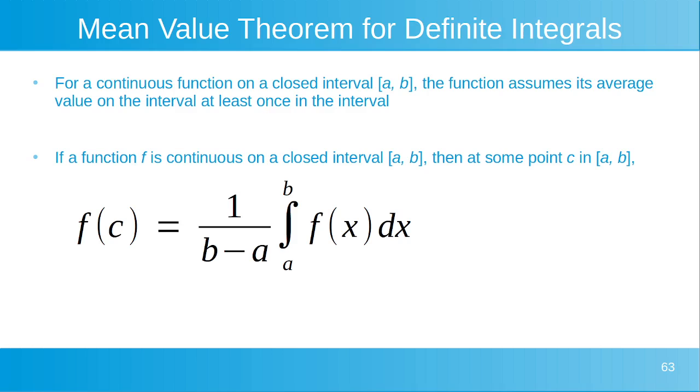If a function f is continuous on a closed interval from a to b, then at some point x equal to c in the closed interval from a to b, f of c will be equal to 1 over b minus a times the integral from a to b of f of x dx. In other words, for a continuous function on a closed interval from a to b, the function assumes its average value on the interval at least once in the interval.